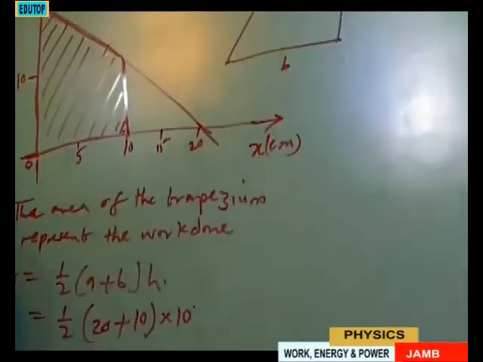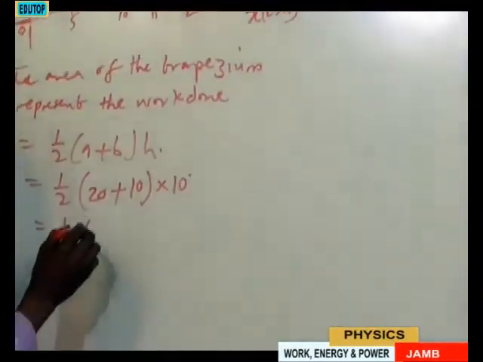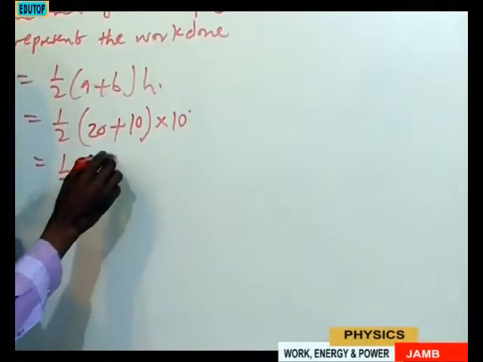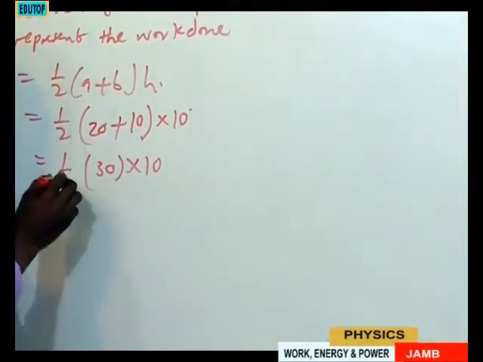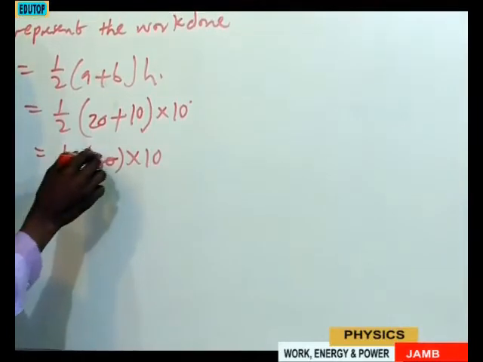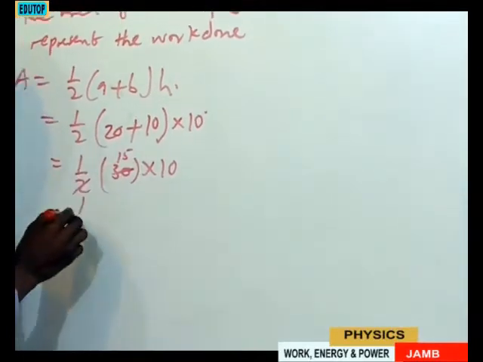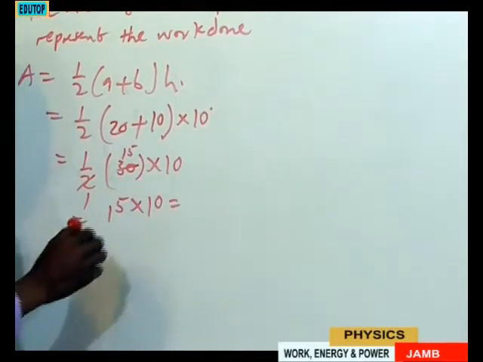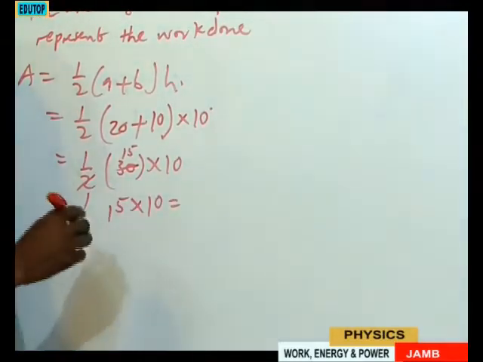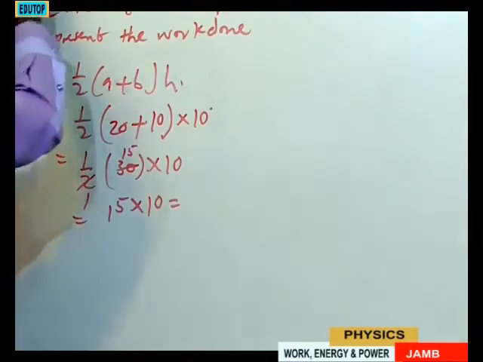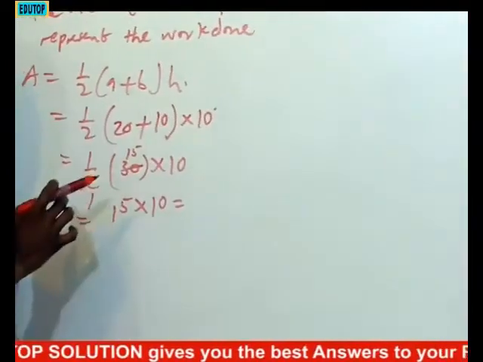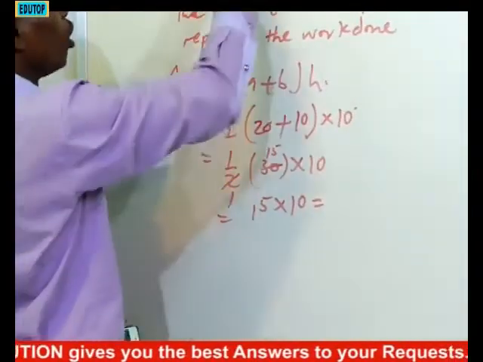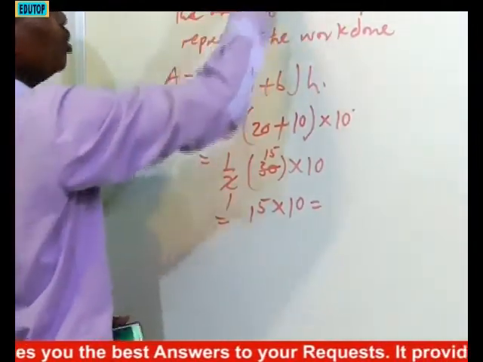So we are going to have half, this is 30 times 10. 2 here, 1, 2 in 30, 15. So we are going to have 15 times 10. And the value of 15 times 10 will give you the work done for a body undergoing this motion.